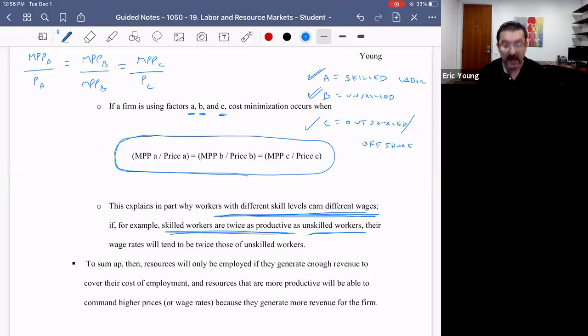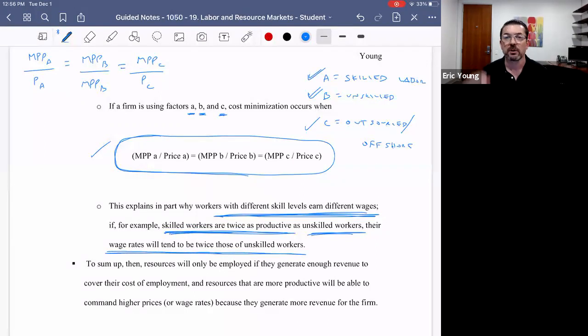But if we had a situation, which is the real case in the real business world, where skilled workers are more productive than unskilled workers, then our cost minimization rule, our bang for the buck rule, would predict that the wage rates for those skilled workers would be more than those for unskilled workers.